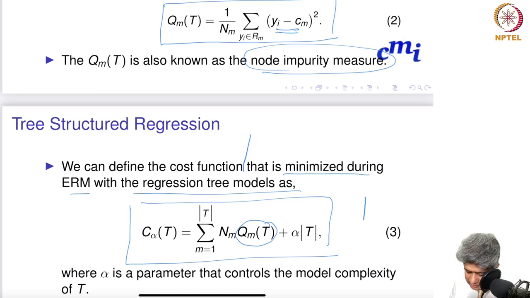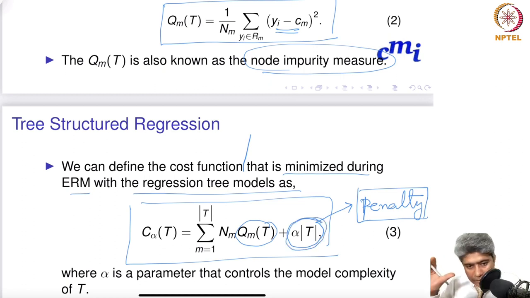So this cancels, and what you are left with is just summation (yi - cm) square, then taking the sum over all the regions. And then it is putting a penalty. So alpha |T| is a penalty.